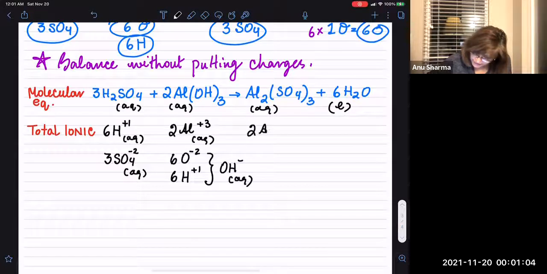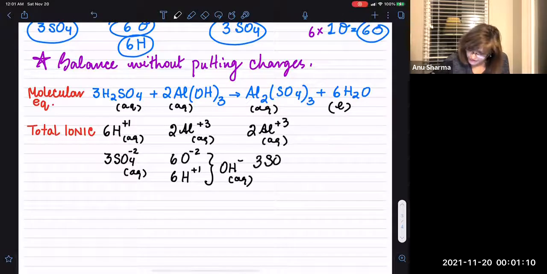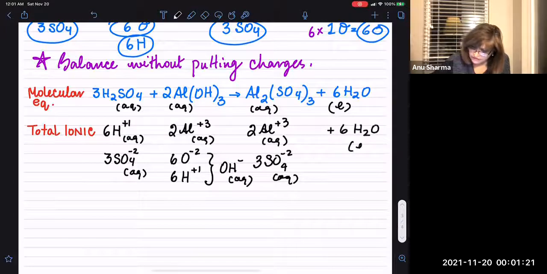This gives you 2 aluminums +3 charge aqueous. And this is the sulfate ions, 3 of them, -2 charge aqueous, okay, plus H2O. So there are 6 H2Os, and we are not going to ionize water.